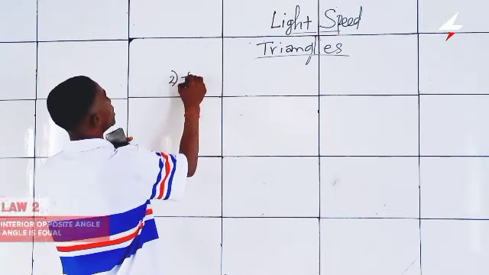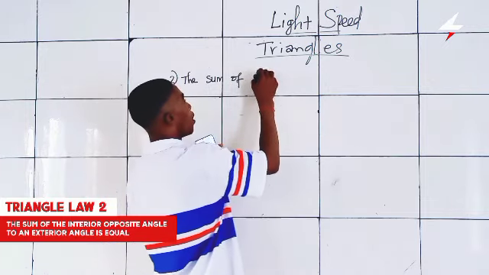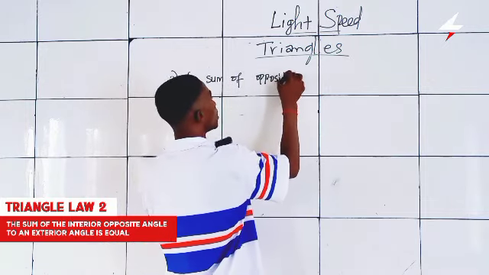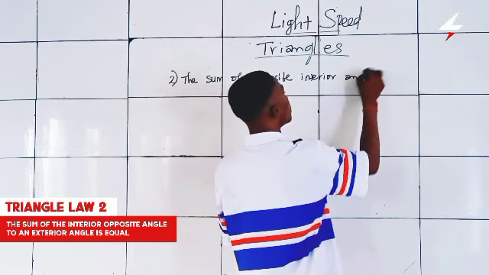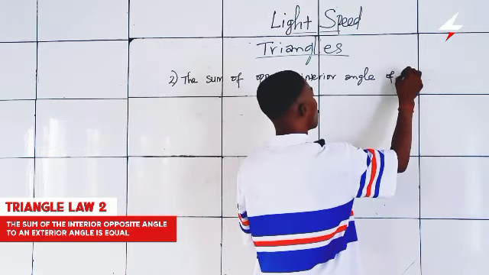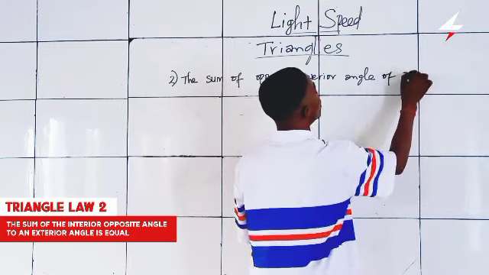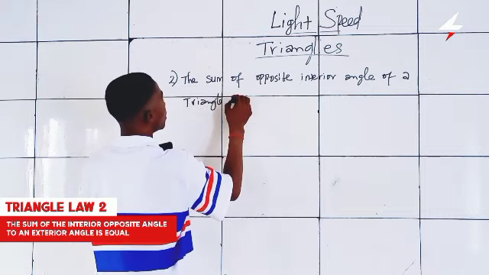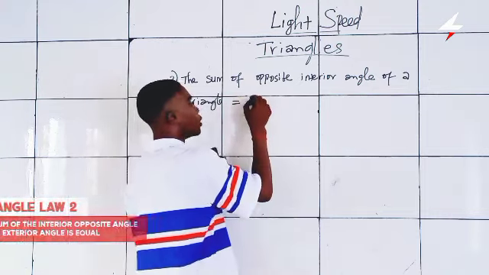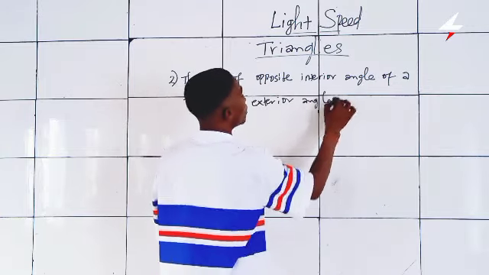Law 2. It says the sum of opposite interior angles of a triangle is equal to the exterior angle. What does that mean?